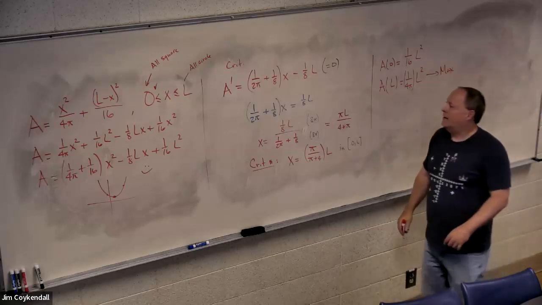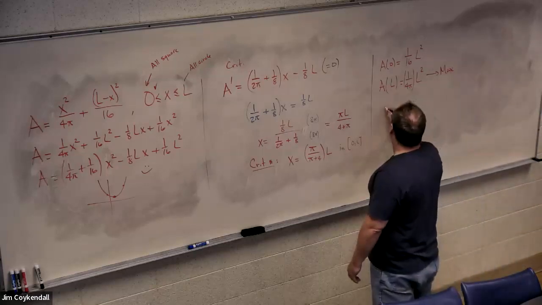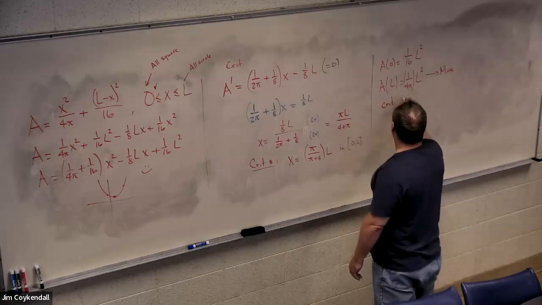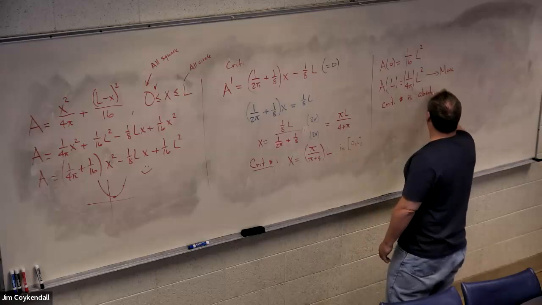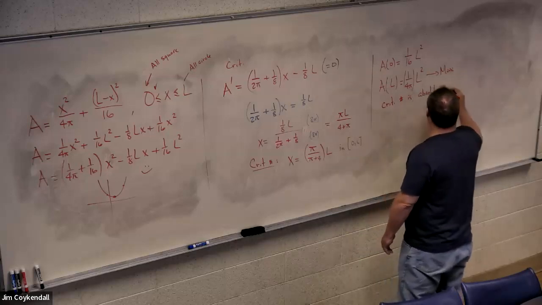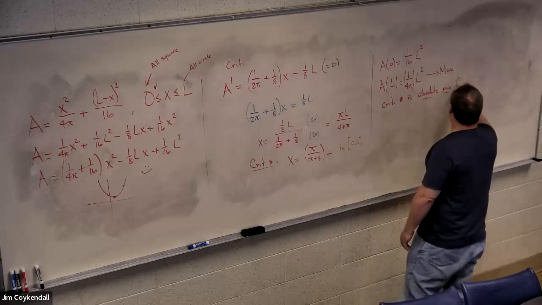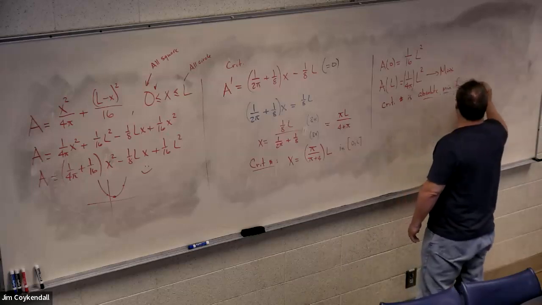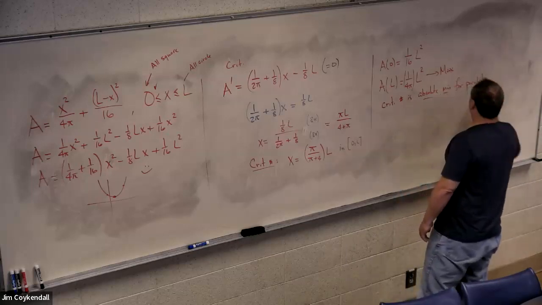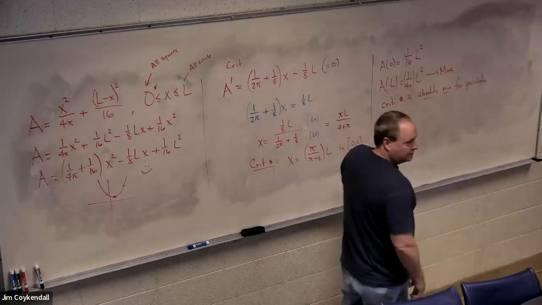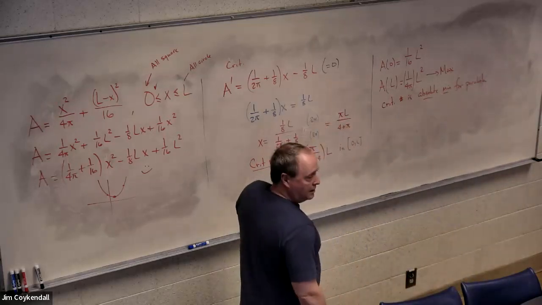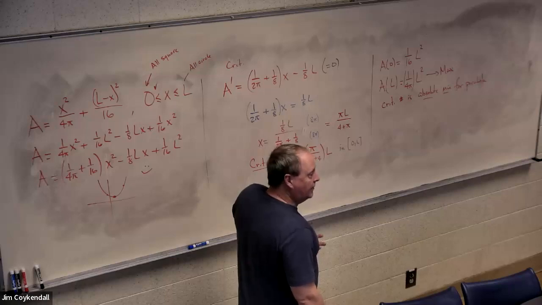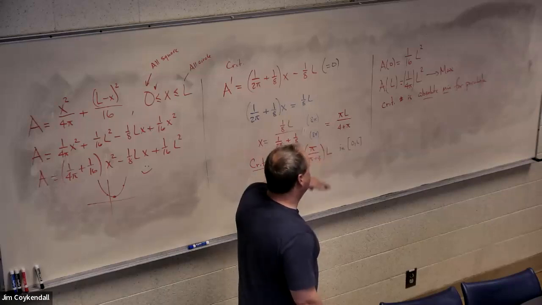The reason I know that is because the critical number is the absolute min of A. So notice the problem, I didn't ask what the area was.